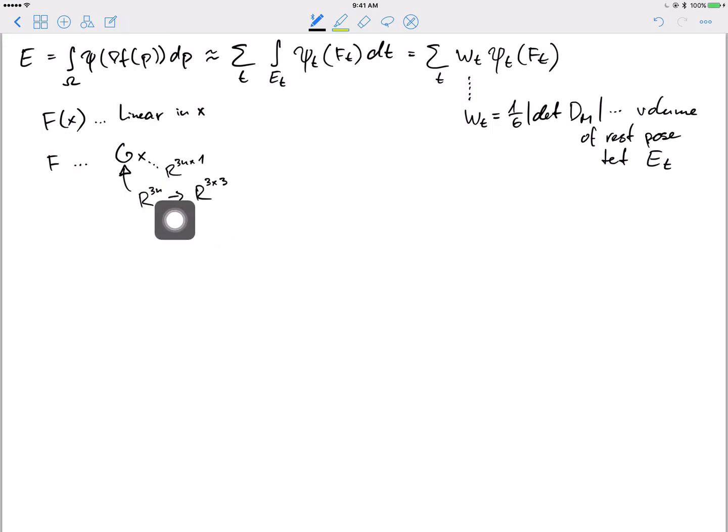Or even how to wrap your head around this: if I have a linear mapping from a vector to a matrix, how to fold it and represent it using a matrix so I don't have to go to a tensor. I'll explain that on Thursday, and we'll also start talking about the material models, how to actually define the psi. It's kind of fun. All right, any questions? If not, I'll stop here.